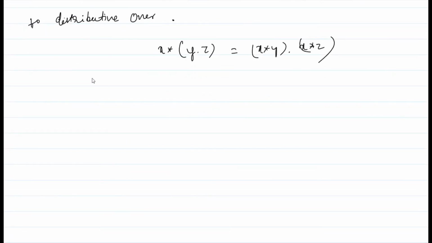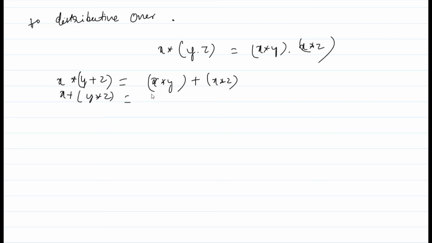For our concern it is not like this. Say for example, we have two kinds here: star over plus operator, and dot over plus operator. Like that, x star (y plus z) can be written as x star y plus x star z, and x plus (y star z) equals (x plus y) star (x plus z).